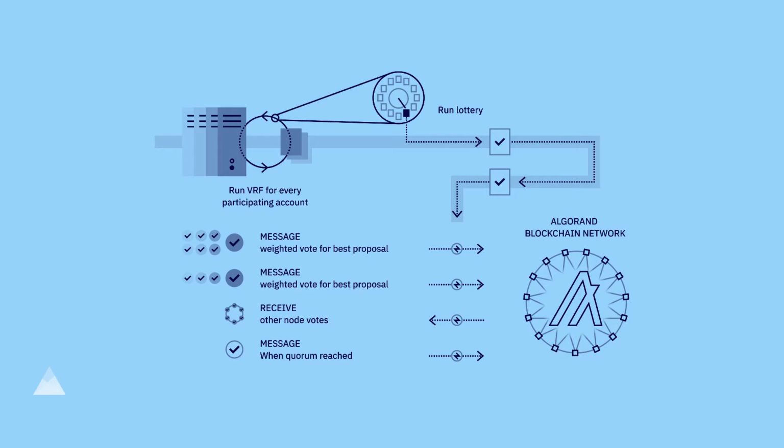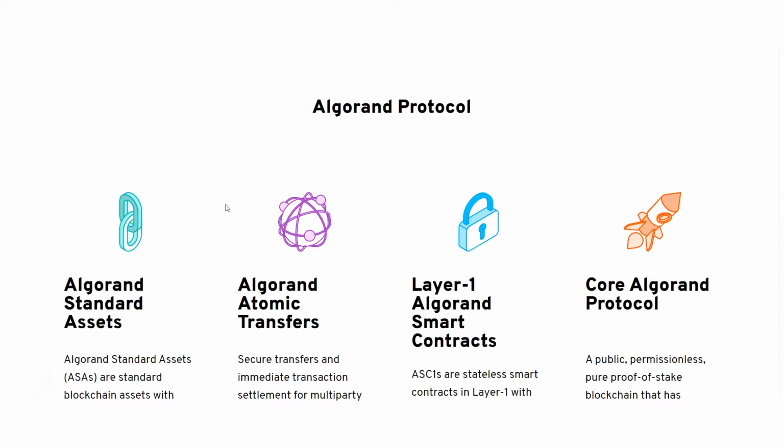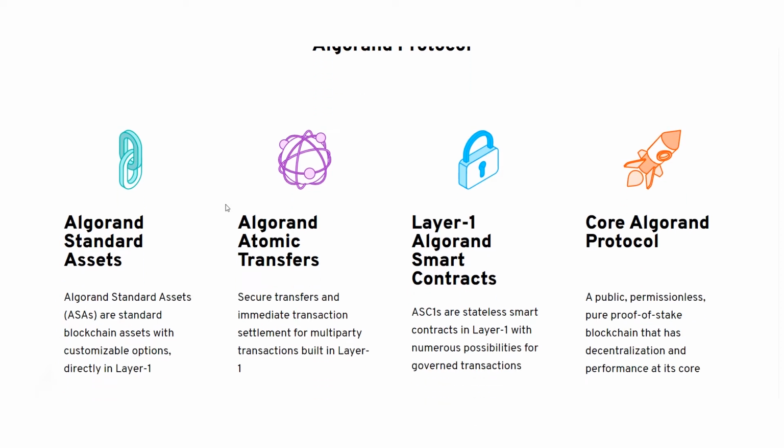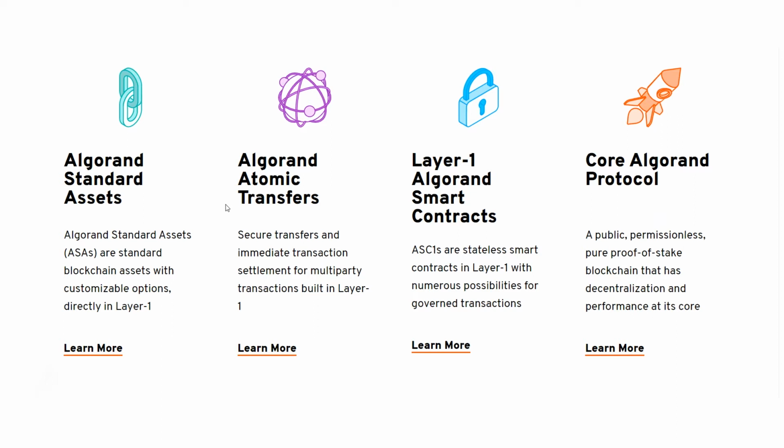Rising gas fees on Ethereum have led many dApp developers and decentralized finance traders to look for alternative blockchain solutions, with some turning to Algorand as an Ethereum alternative for dApp development and DeFi applications.